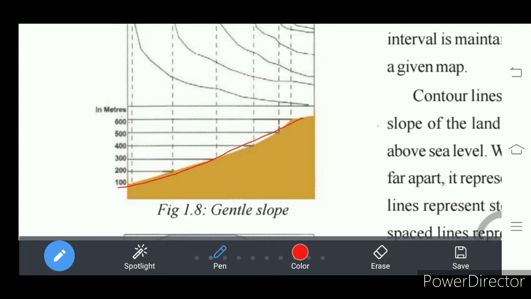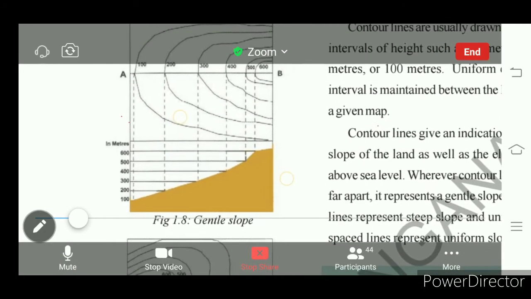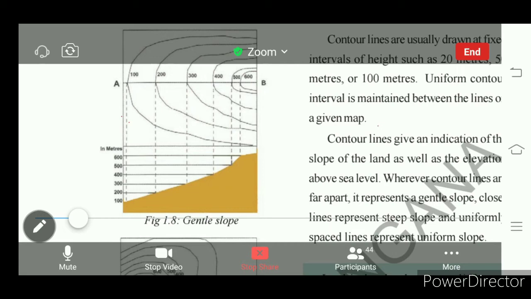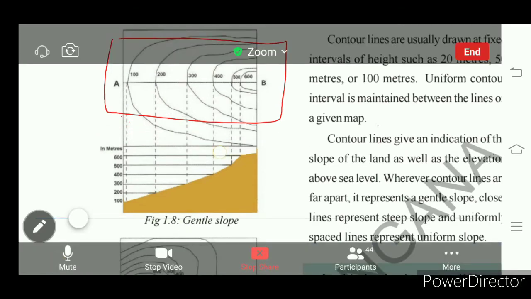How is the slope here? Gentle slope. Then how can we identify this gentle slope on a map, right? So this gentle slope is shown on a map using this part. How are contour lines drawn here?